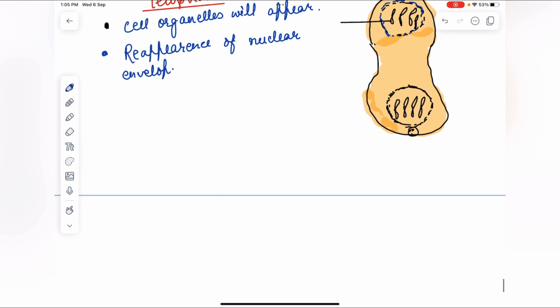What happens in that? At the end of the telophase, the nuclear membrane will appear, and the chromosomes will again decondense and form into chromatin fiber, and the cell organelles will become visible, or come into existence.